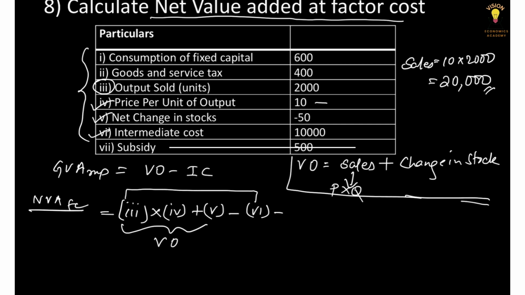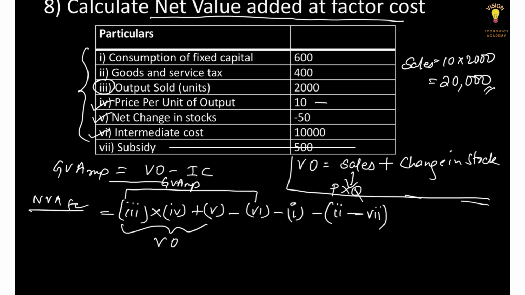Now minus depreciation, so that from gross we get net value. Depreciation is 1, consumption of fixed capital. Minus indirect tax minus subsidy. Now, why did we do it like this? When we have value of output minus intermediate cost, we get GVAMP.